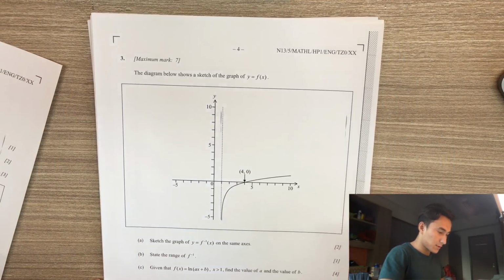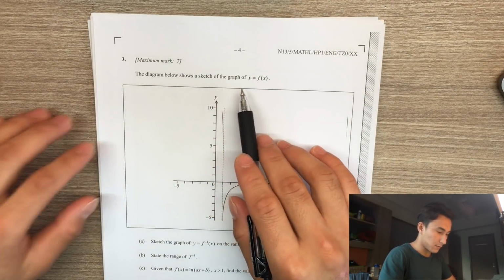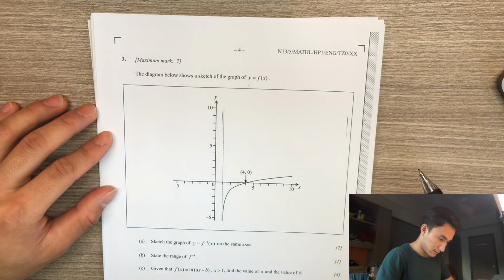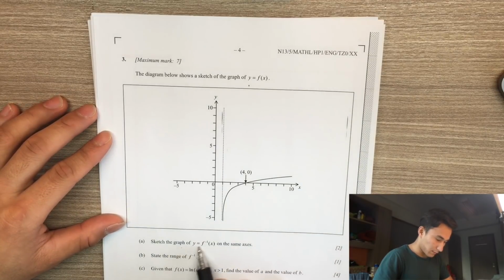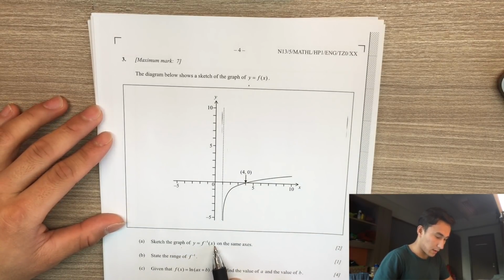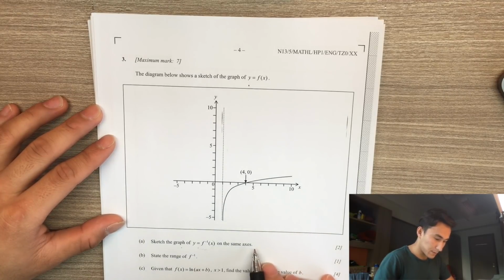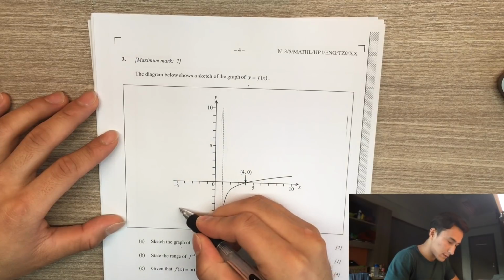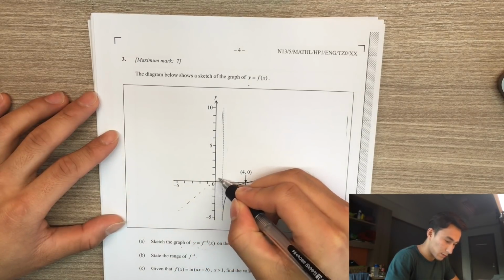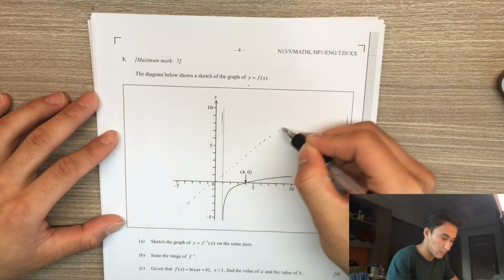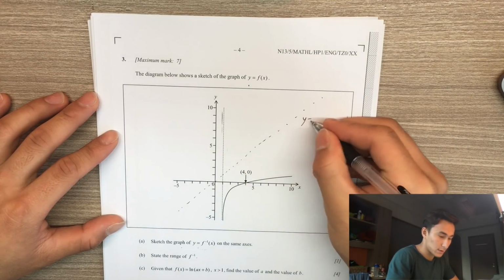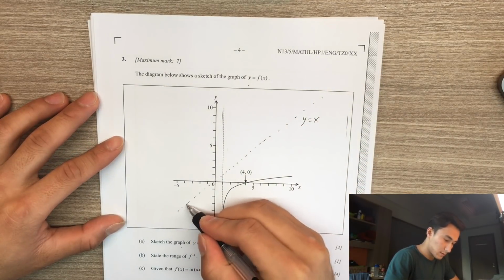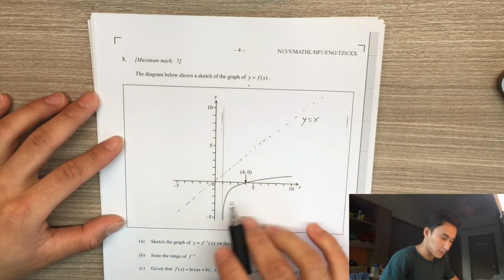The diagram below shows a sketch of the graph of y equal to f of x. Sketch the graph of y equal to the inverse of f on the same axes. We know that the graph of the inverse is symmetric about the line y equal to x. The graph has to be symmetrical.